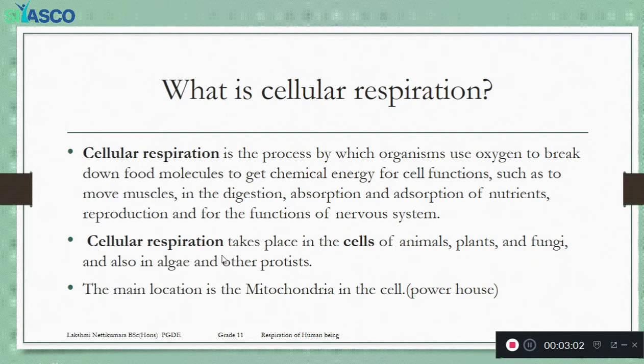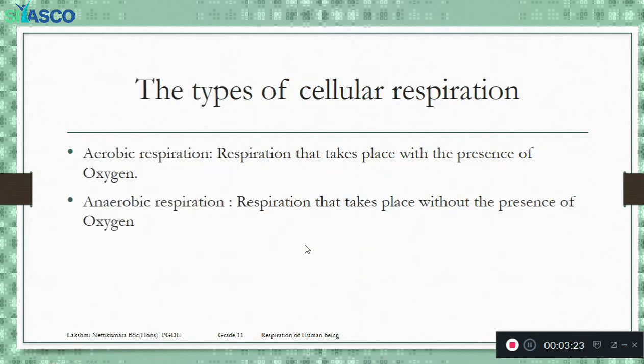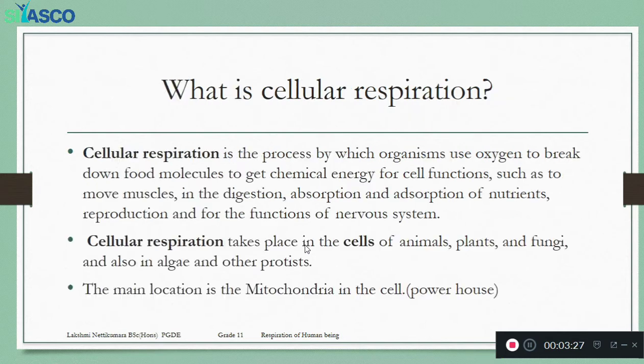Cellular respiration takes place in the cells of animals, plants, fungi, whatever a living being. The main location is the mitochondria in eukaryotic animals. It is named the powerhouse. In the definition it is mentioned that it is a process by which organisms use oxygen to break down food molecules.